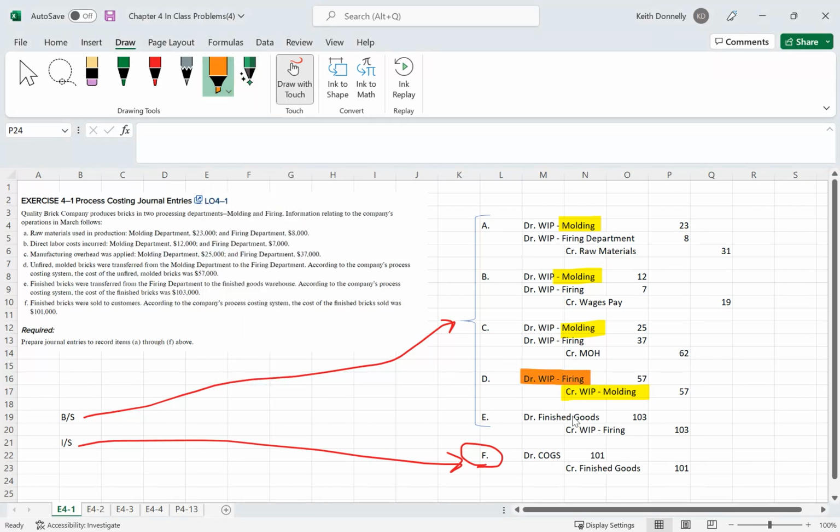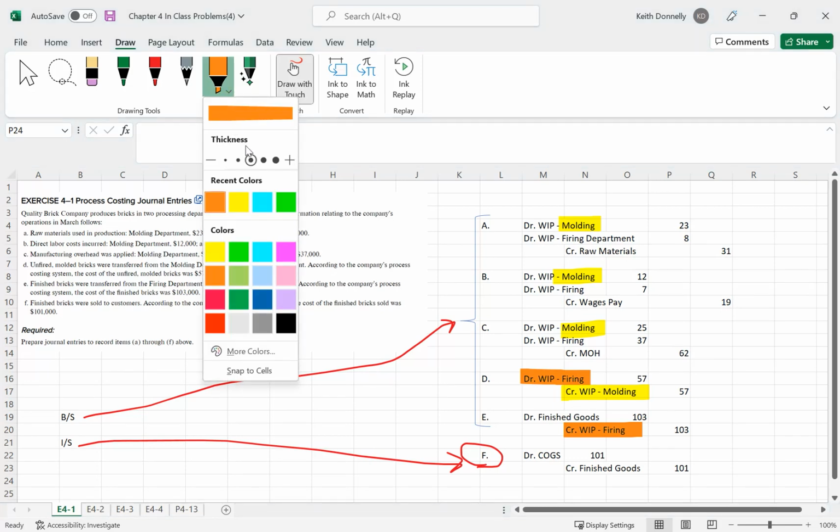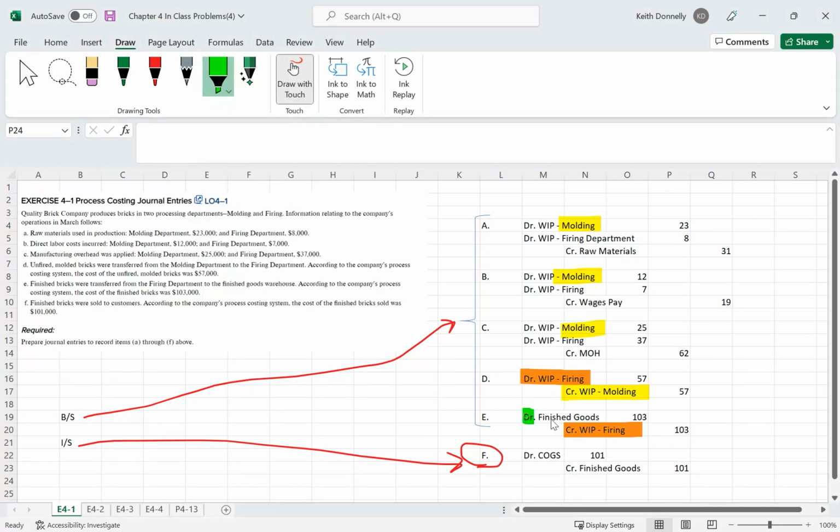Firing. And then, hey, it's finished from firing, you debited it there, you get it out of firing with a credit. At that point in time, we have our finished goods. When we sell them, we reverse it out through a credit, and then we take the expense. So this is just showing you the flow of it, right? It's going through different processing departments.